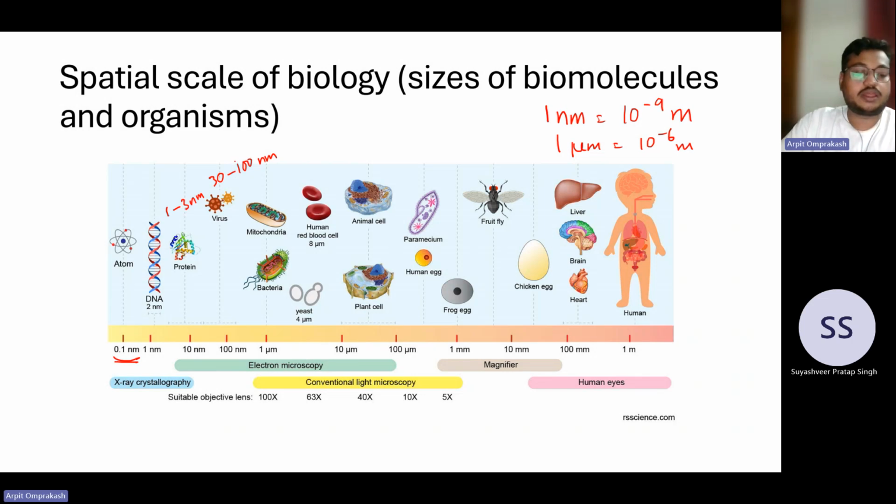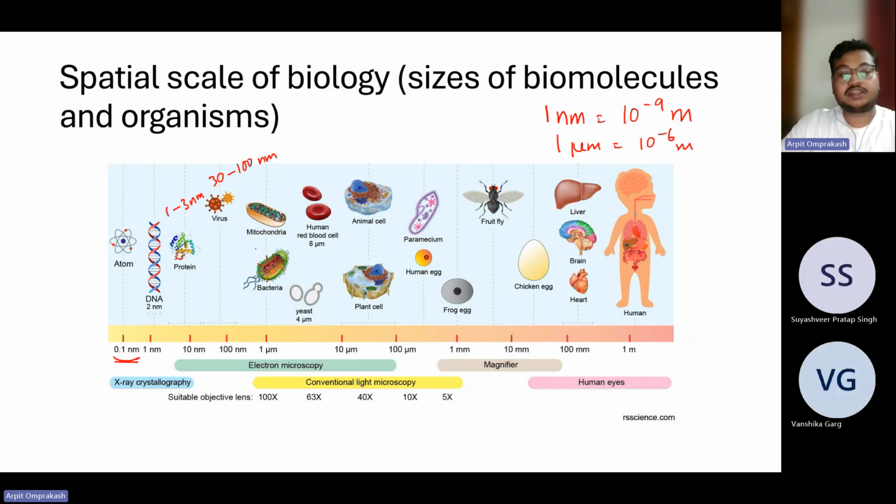Right. And then basically the next larger thing that we would have is bacteria. So for example, the size of an E. coli cell, which looks something like this, the dimensions would be like the width here would be 1 micrometer, whereas the length here would be 2 micrometers. So that's the size of an E. coli cell.